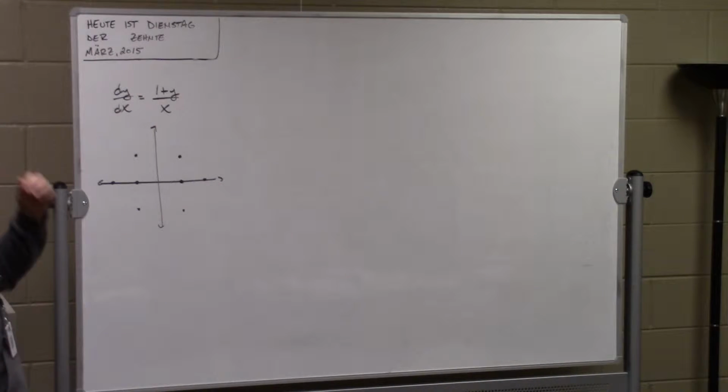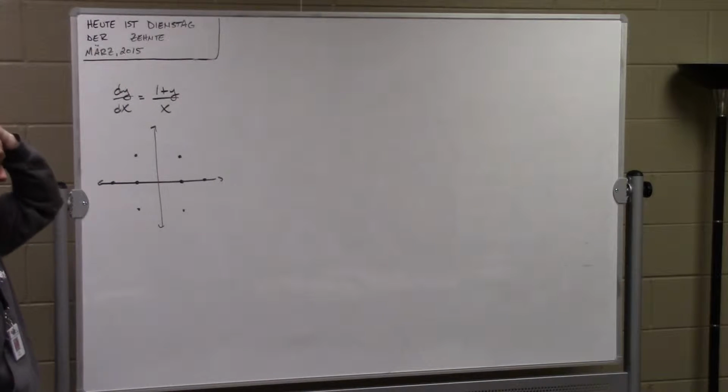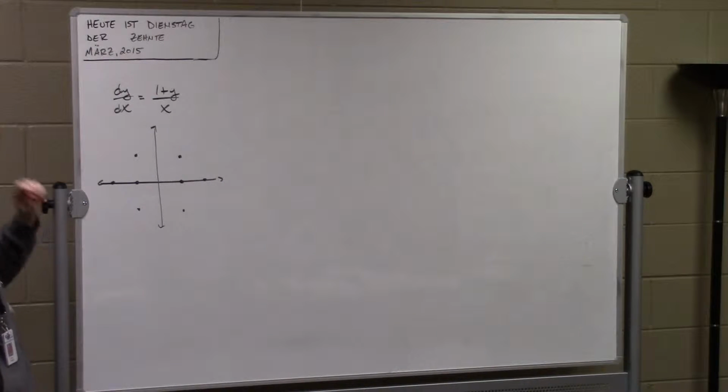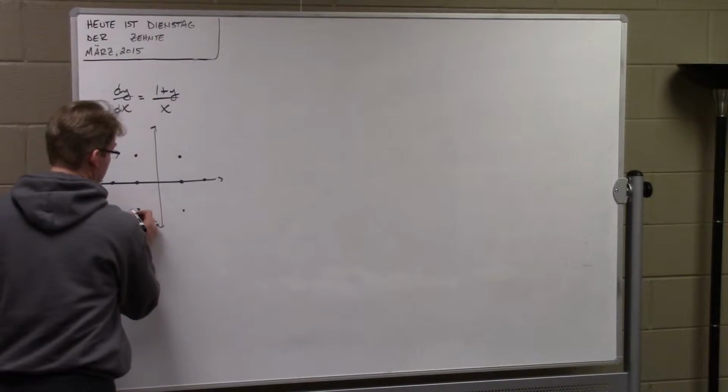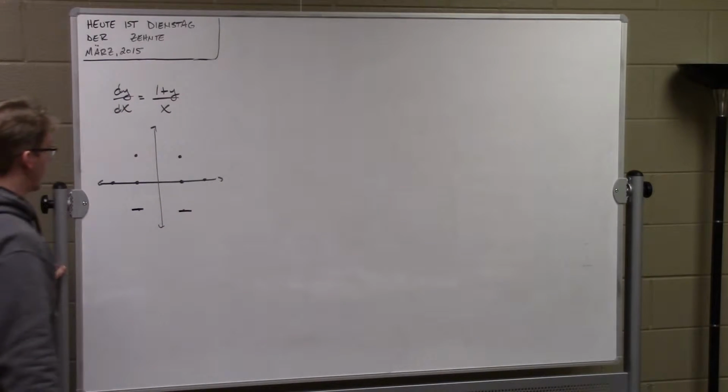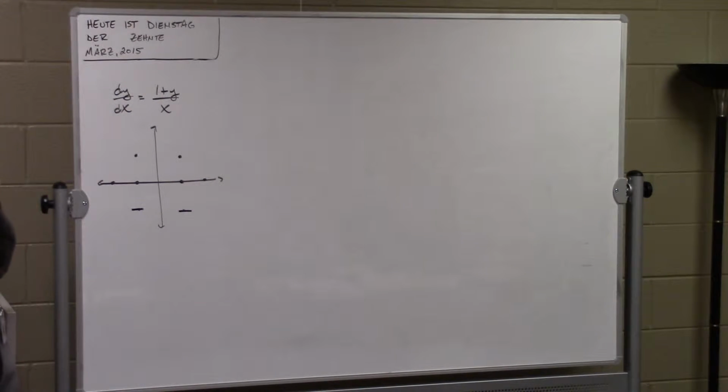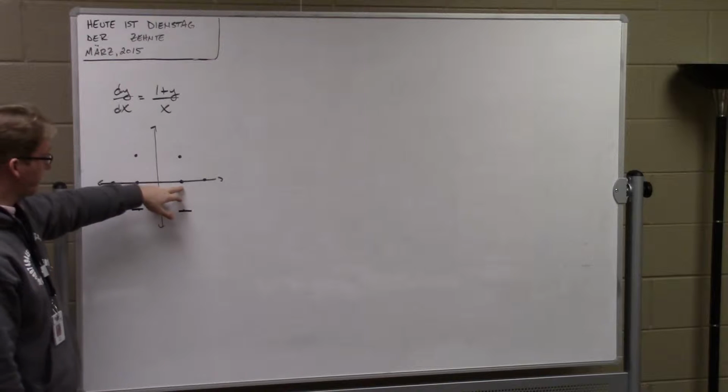In certain situations you get vertical tangents, but this one doesn't happen to be that way. Okay, let's start plugging in points. If you have a y value that is -1, then you get 0 slopes. So those two are pretty straightforward. And then plug these in.